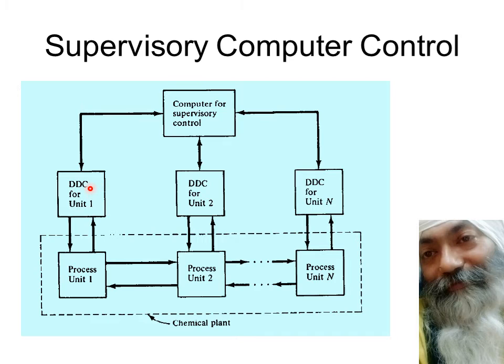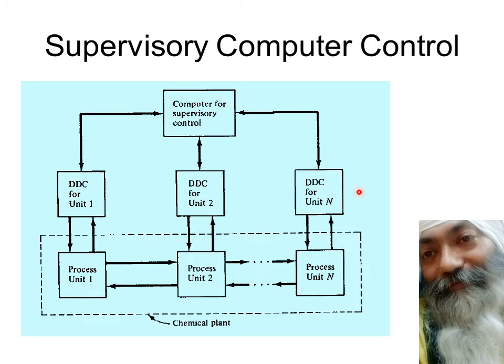So these DDCs can control the process, they know how to control, but at which point they should be controlled, they do not know, because all these DDCs are for the complete plant, and we have to know that unit 1 is interacting with unit 2, unit 2 is interacting with unit 3, and we have, let us say, a total of n units, and each unit has 10 points or 50 points or 100 points under one DDC.